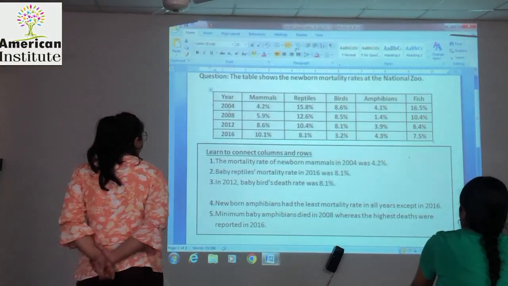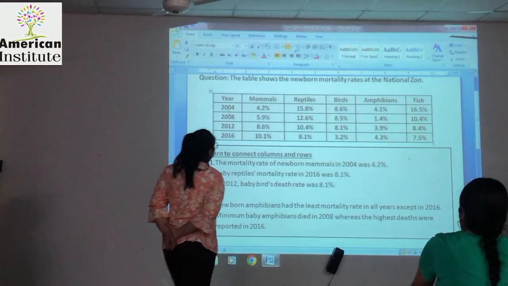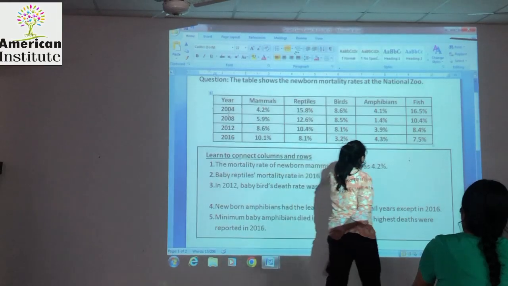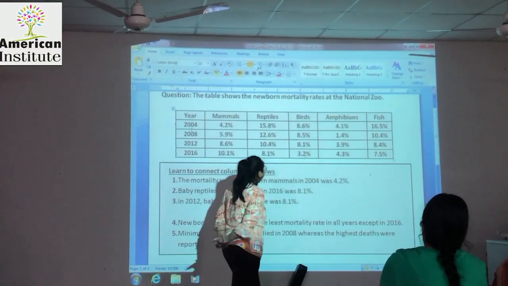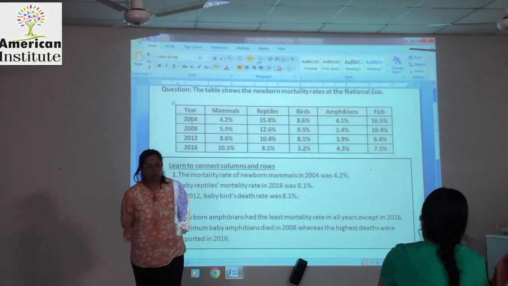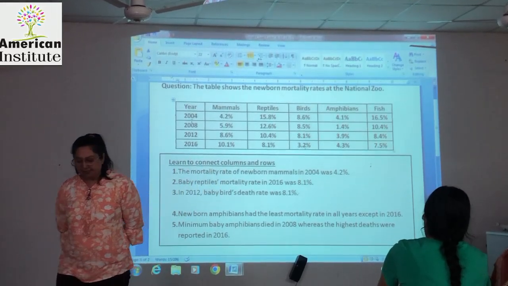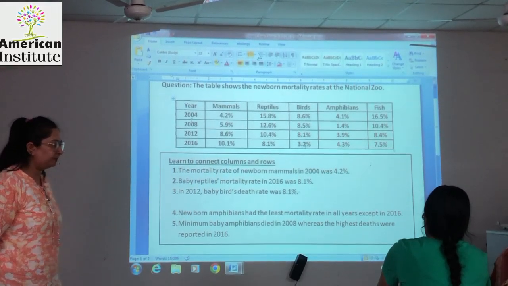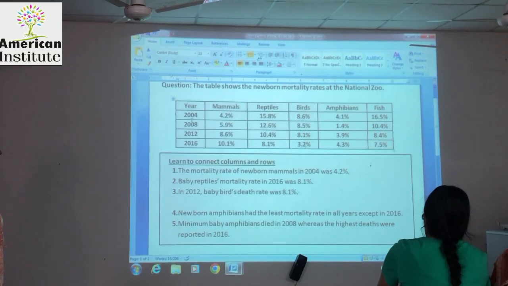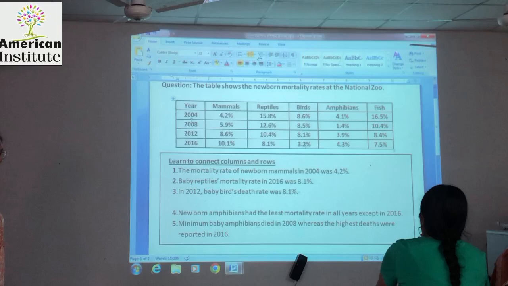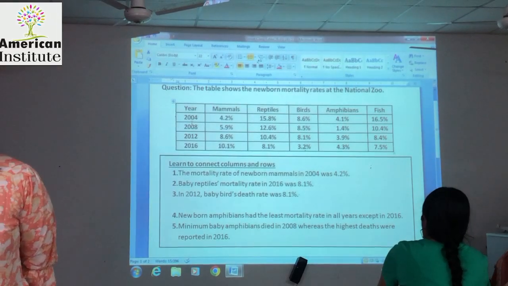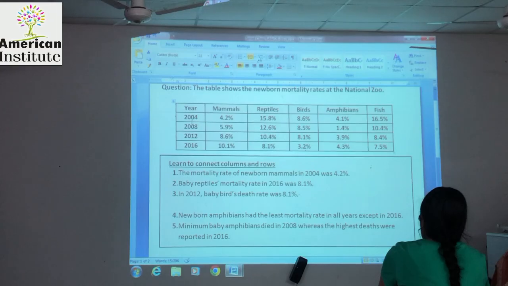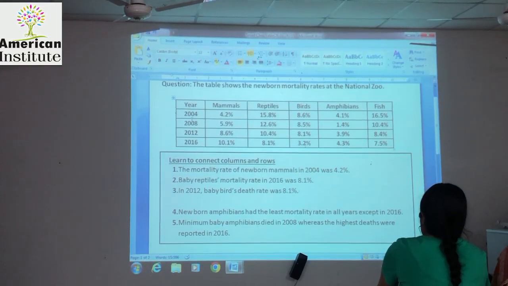If any doubt, beta. Okay, if you want to represent it, for example, what is the difference between two fish data? 10 and 8. 2%. How will you write the statement of this? Manvi? In 2008, the mortality rate of fish was 10.4%, but in 2012 it decreased by 2%.